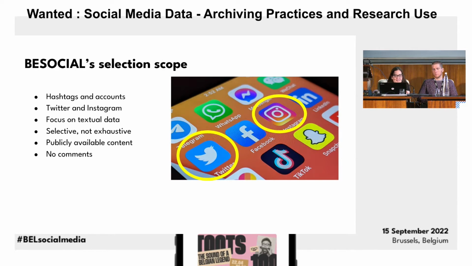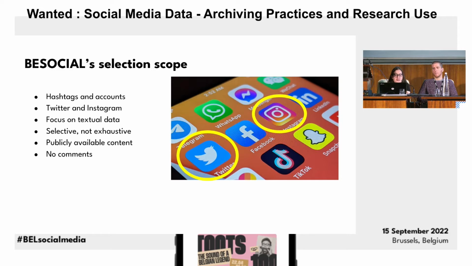So here you can see how we translated the knowledge and expertise that we got from the international and Belgian scope to the BESOCIAL scope. So within BESOCIAL, we select hashtags and accounts from the social media platforms Twitter and Instagram, and we tried to get data from Facebook as well, but it was technically very difficult, and then we decided, okay, let's stick with Twitter and Instagram.